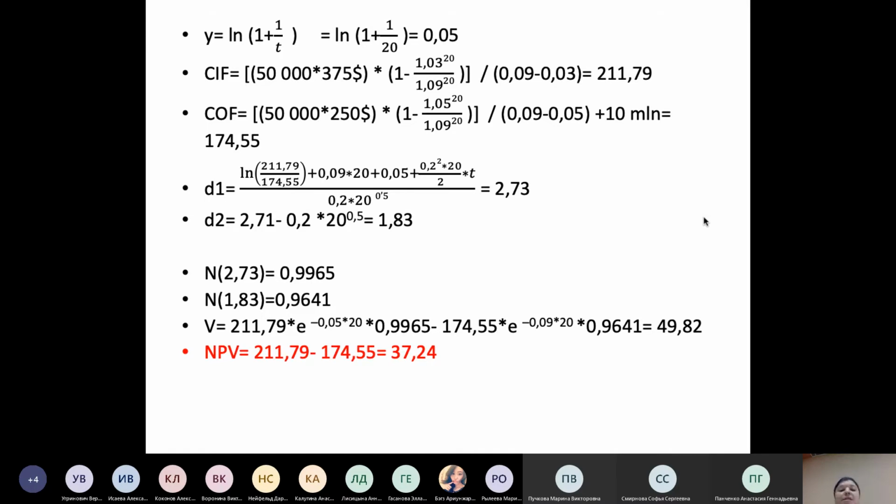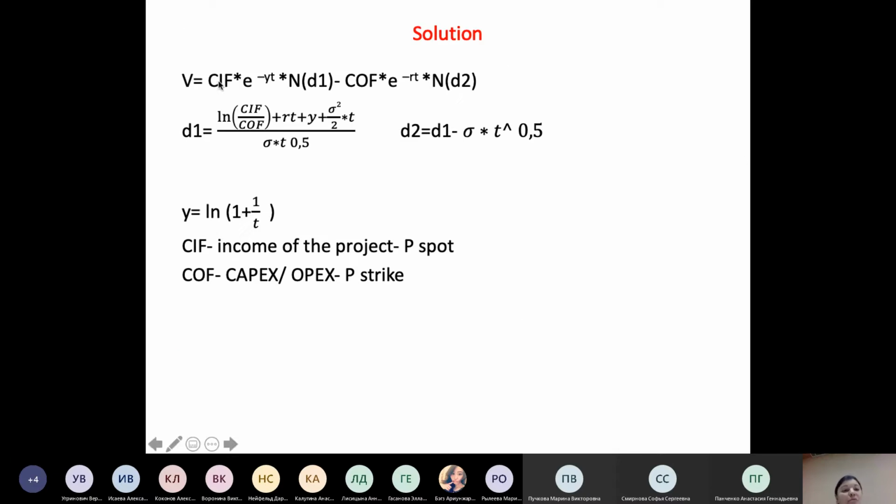And as the last step, I added all components in our formula.